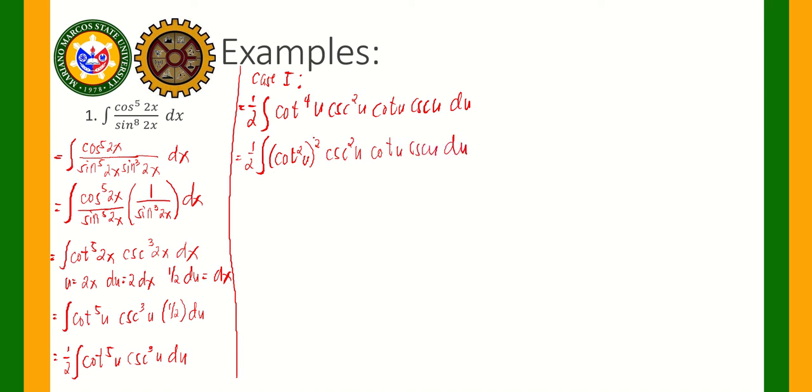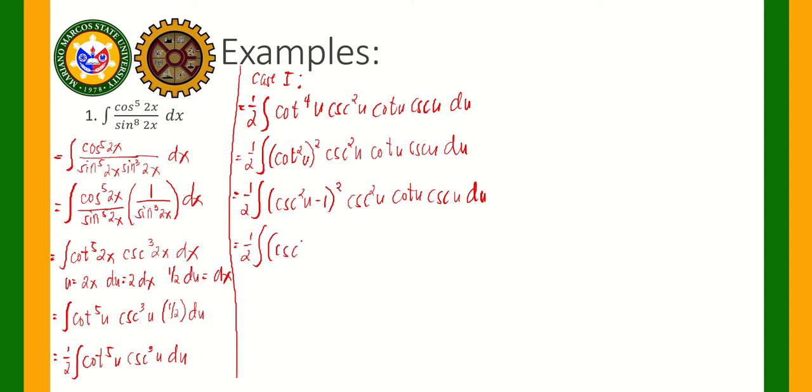So we are going to substitute cotangent squared u with cosecant squared u minus 1. So this will be equal to 1/2 times cosecant squared u minus 1 quantity squared times cosecant squared u cotangent u and then cosecant u du. Let's expand.